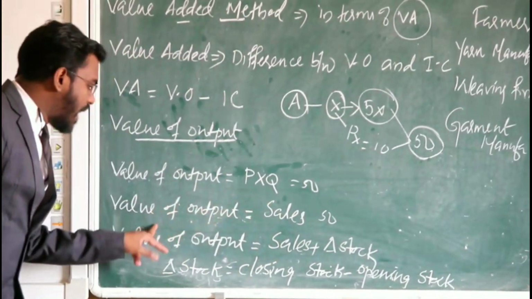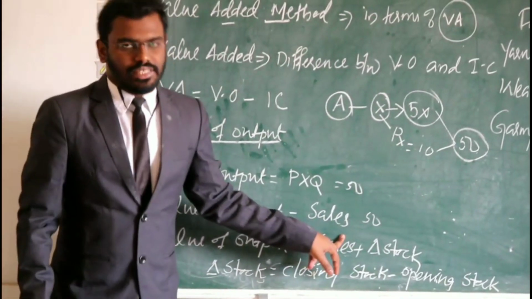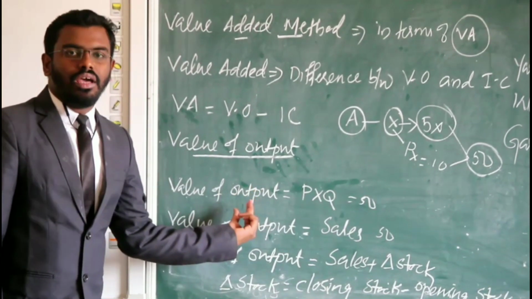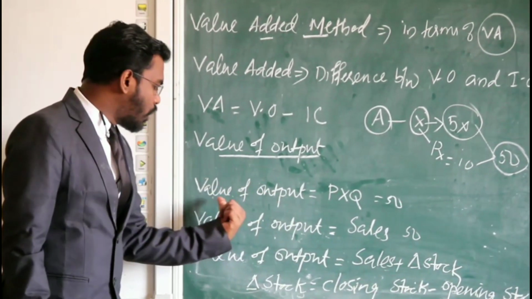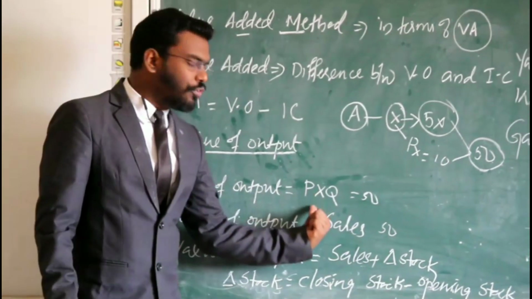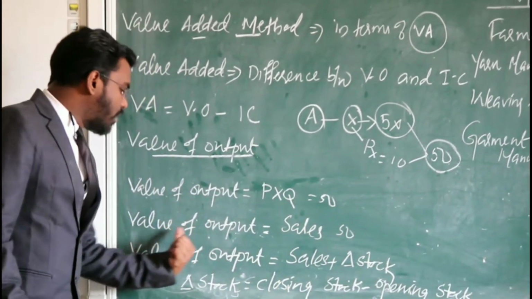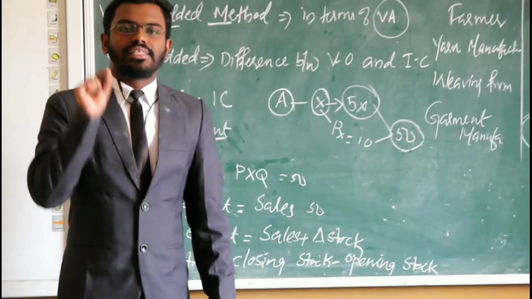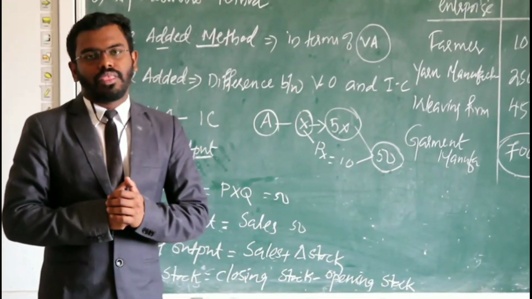So two formulas we analyzed for calculating value of output. First, value of output is equal to P into Q, and second, value of output is equal to sales if the producer sells his entire output.